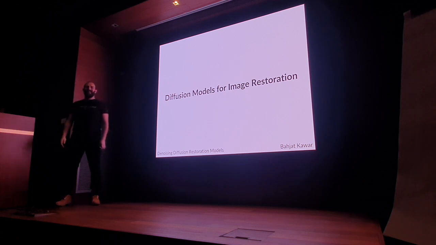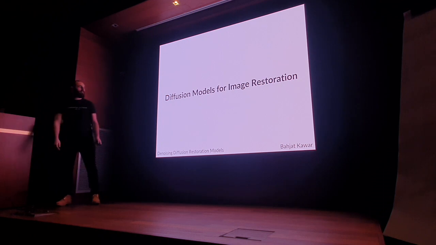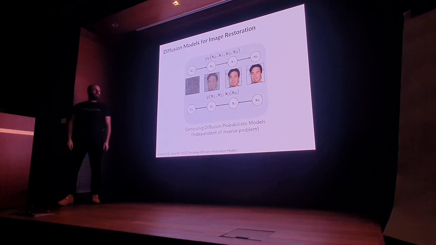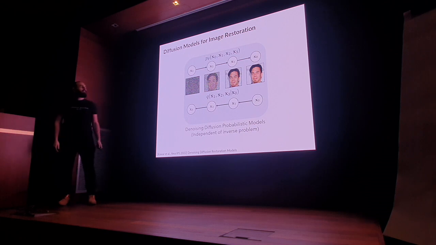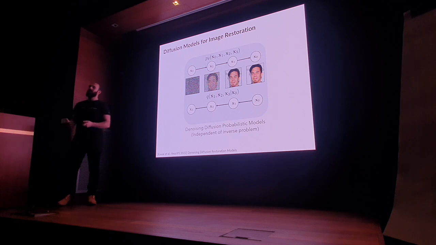Now we want to use them for image restoration, in order to solve linear inverse problems. Again, these are our diffusion models: we have an assumed distribution and a generative model. What we're interested in this time is solving an inverse problem.